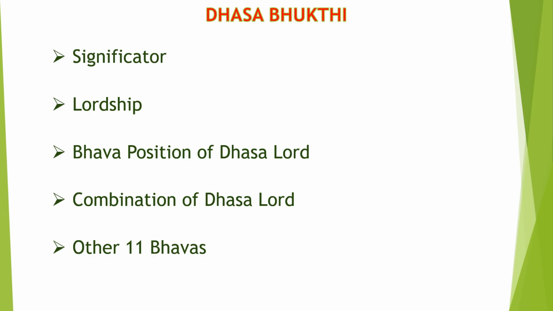These are all the things that we need to see, and the combination of the dasha lord will decide whether it is going to be a positive thing or a negative thing to the person.